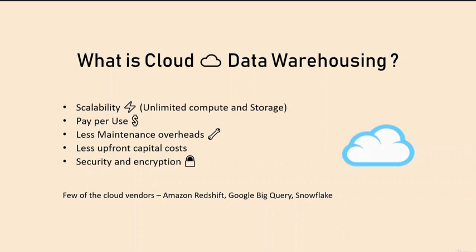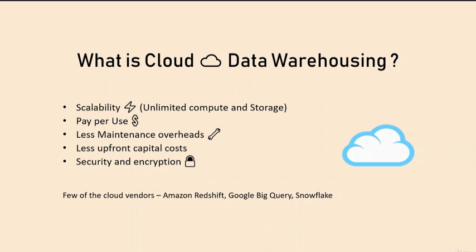The second advantage is pay-per-use. With the cloud, you only pay for the active usage. When you do not need those resources anymore, you can just suspend the resources, and you will only pay for the active usage. And you can even shut down the cloud resources during the night time, and you could save on the cost.